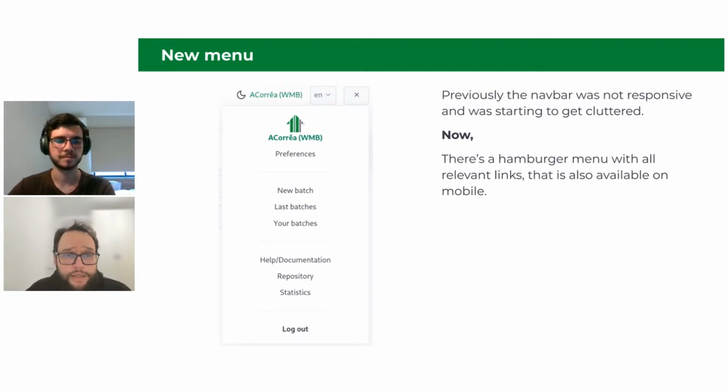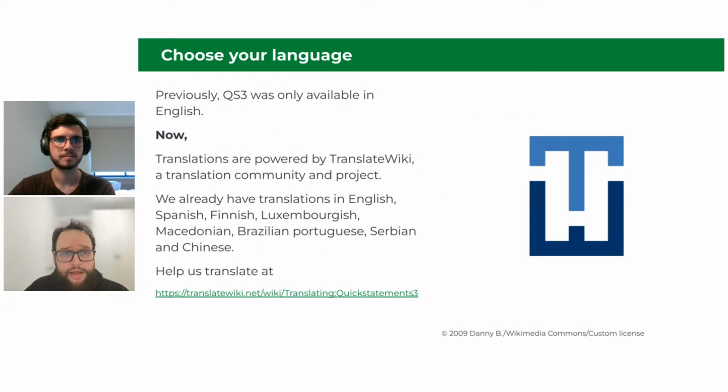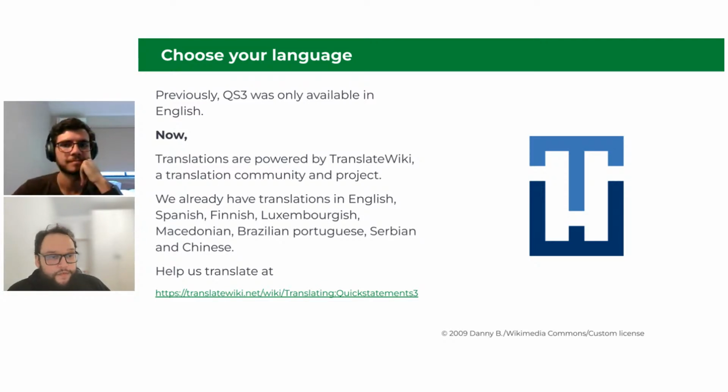Another button that we added into this menu, on mobile and on desktop, is the language selection, and it's the next slide. Basically, the way that we thought about language in QuickStatements is in two parts. One is the language in which I see the interface.